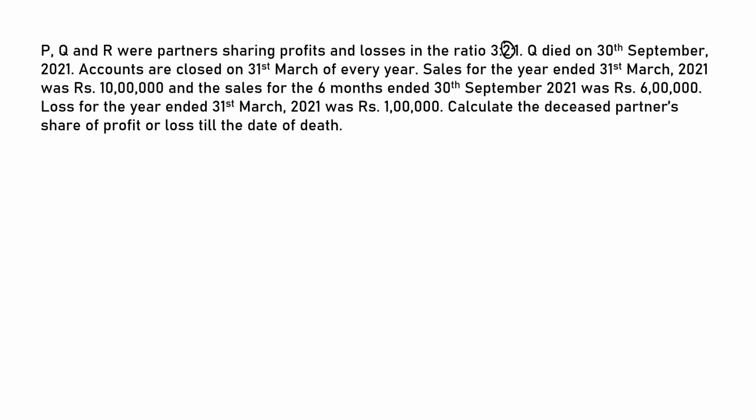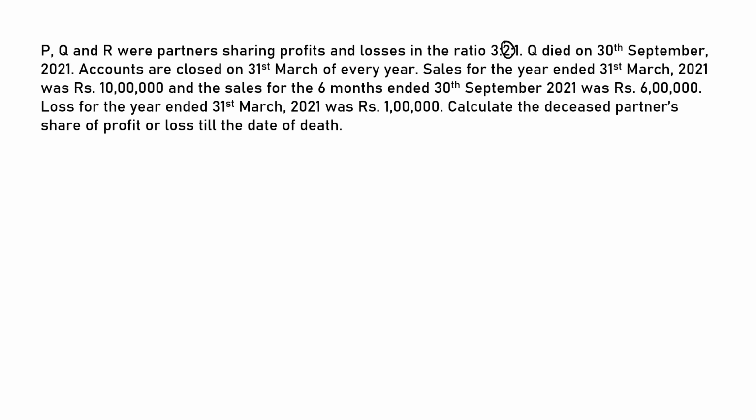Sales for the year ended 31st March 2021, that is the previous year, was 10 lakh, and the sale for the 6 months ended 30th September 2021, that is from the beginning of the year till the date of death of Q, was 6 lakh. Now, loss for the year ended 31st March 2021 was 1 lakh. So with the sale of 10 lakh, they had a loss of 1 lakh in the previous year.